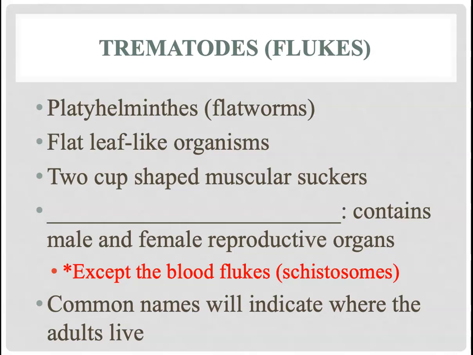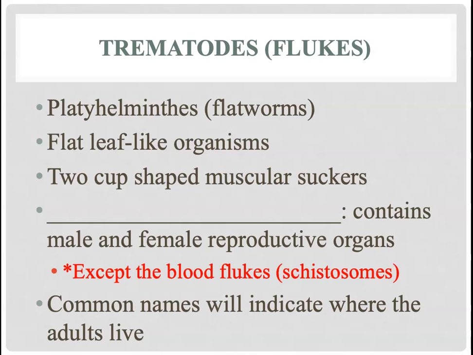Also, all the adults have two cup-shaped muscular suckers. So that's how they attach to our intestines or our blood vessels or wherever the adults live. For the most part, most of your flukes are hermaphroditic, meaning the same organism contains male and female reproductive structures.